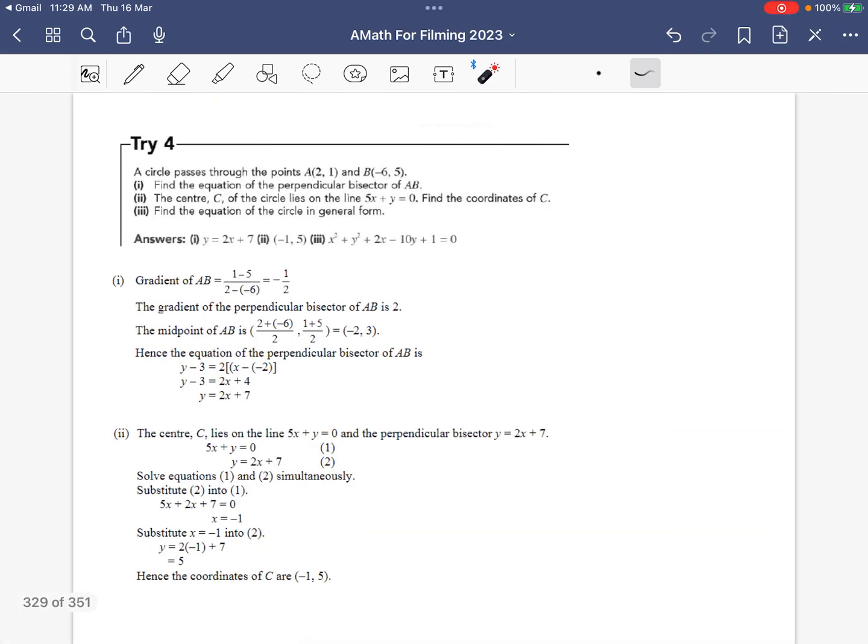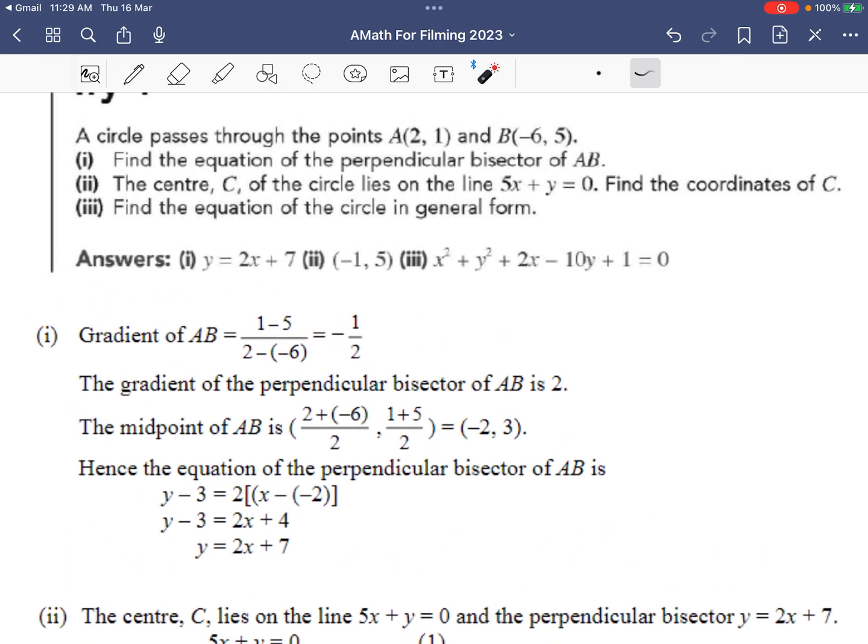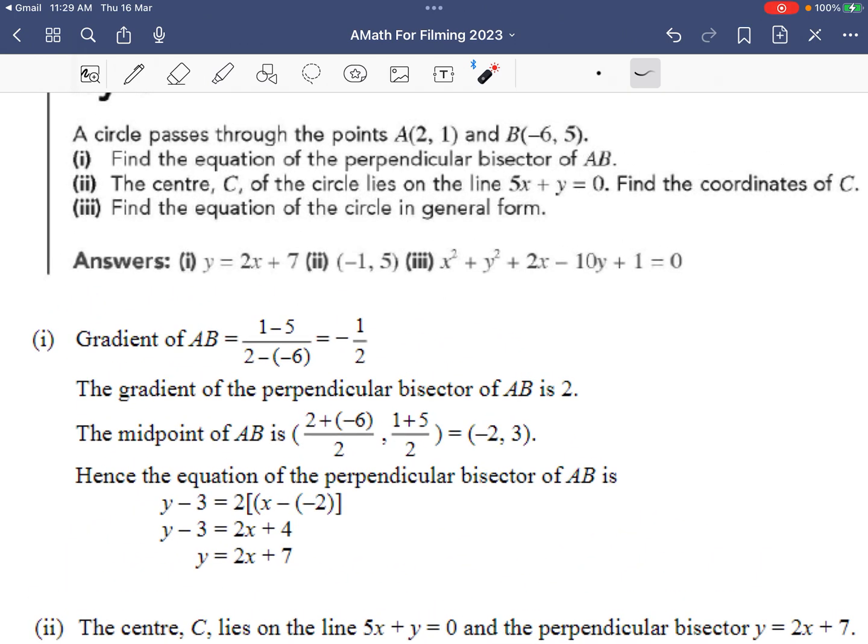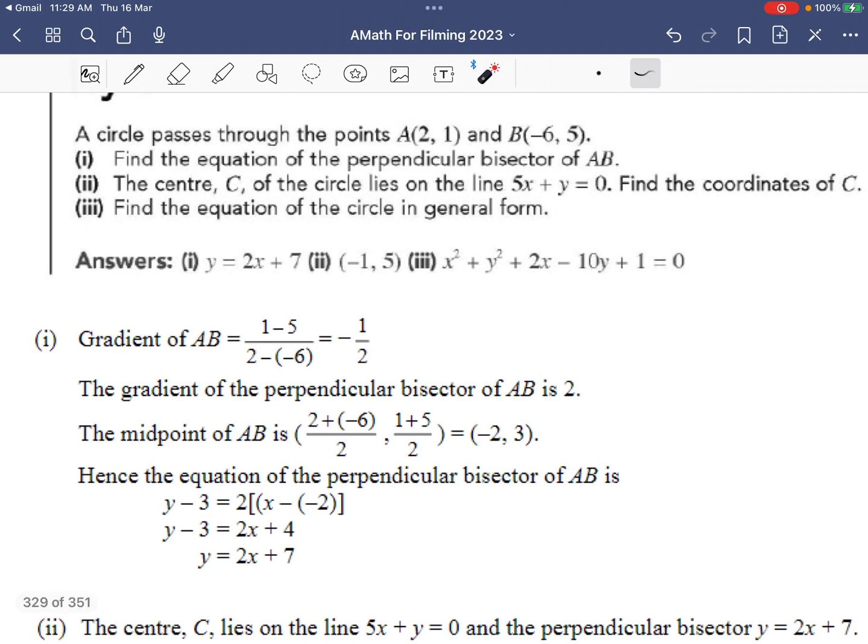Okay, try 4 is this. Same thing as what we have done. You can find the gradient of the line segment AB. Then you find the perpendicular bisector of AB is 2. And just as what I did in my example, I found the midpoint of AB.